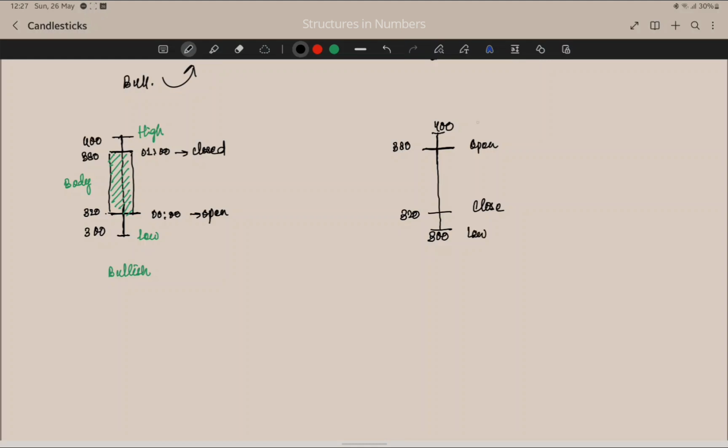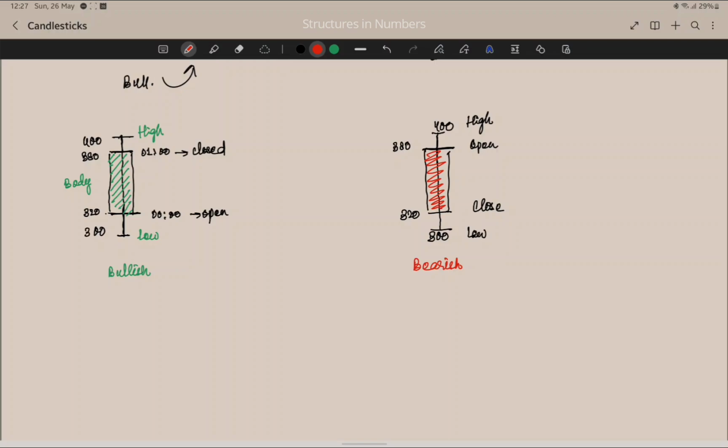This was the lowest point that it touched, and this was the highest point it touched. And the body in between will be colored, and because it went from 380 to 320, we will call it a bearish candlestick or the red candlestick. So in this way candlesticks are formed.